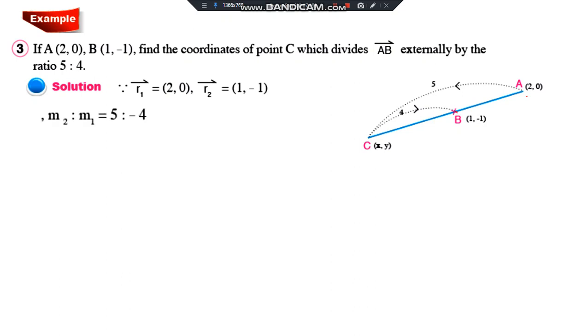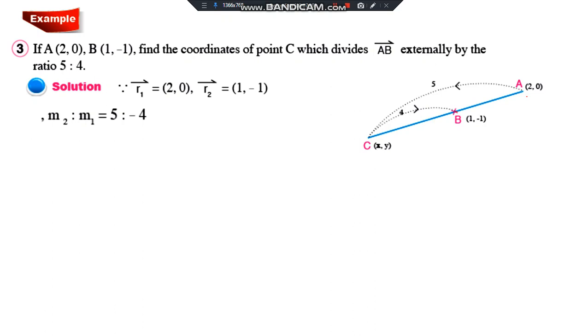You can write the negative sign with the scalar m2 or with m1 or with the ratio. So 5 to -4 because the division is external.